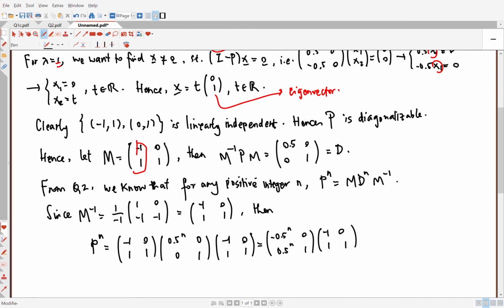After this, what can we do? Multiply again. We'll have this multiplied by this, I will get minus 0.5 to the power of n, then this is 0, and this multiplied by this, I will get 1 minus 0.5 to the power of n, and this I will get 1.